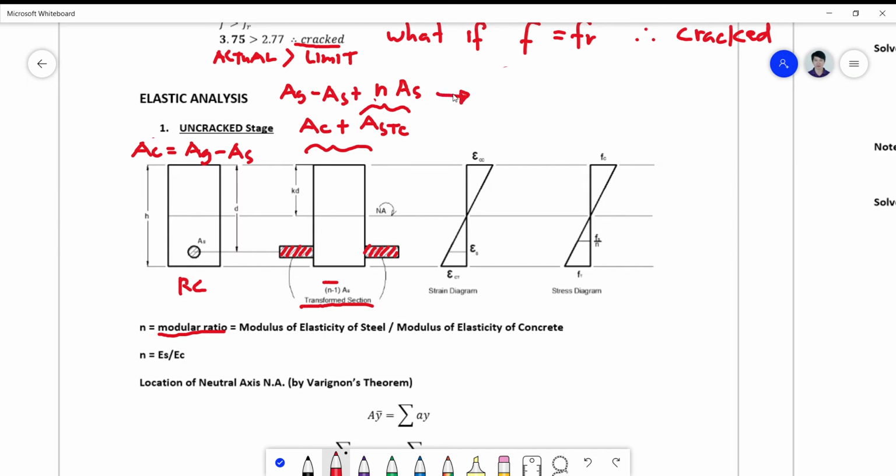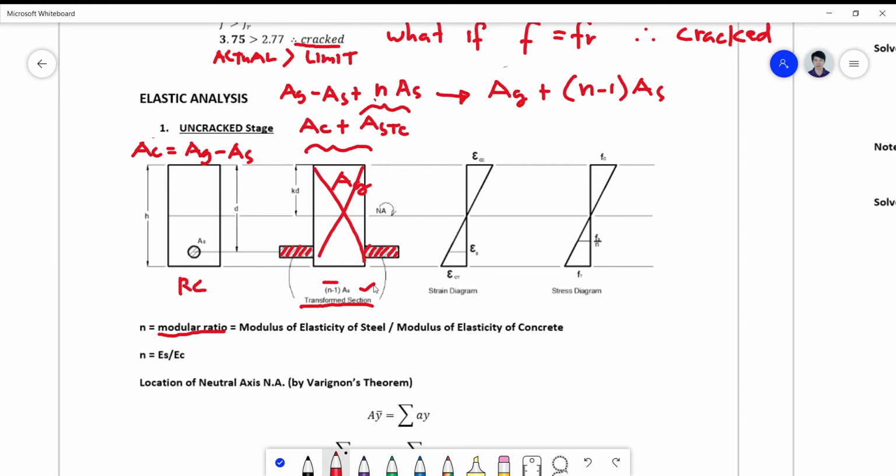your transformed area now becomes AG plus N minus 1 AS. Okay, so this is now your AG, and this is now your N minus 1 AS.